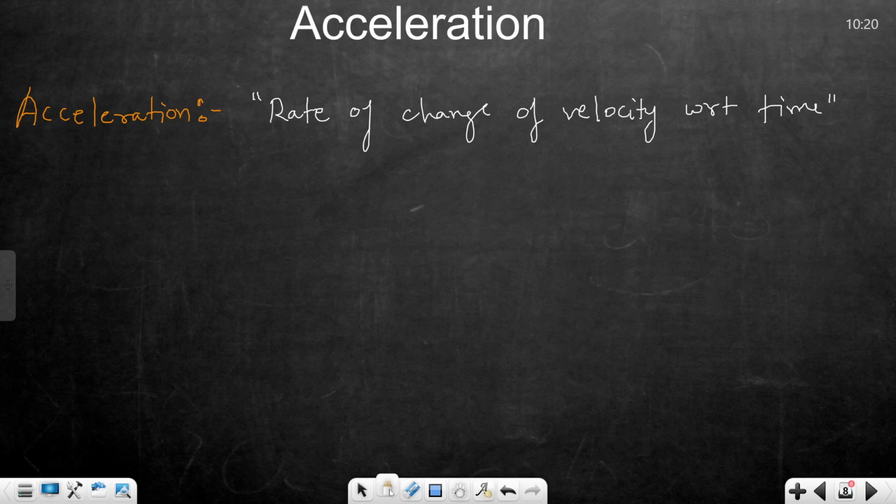Acceleration is of two types. First one is average and the second one is instantaneous. We will have the same terms like average velocity, instantaneous velocity, average acceleration, instantaneous acceleration, average jerk, instantaneous jerk.